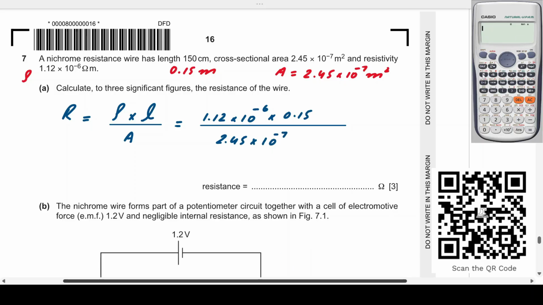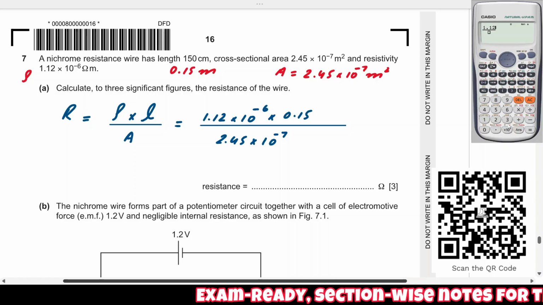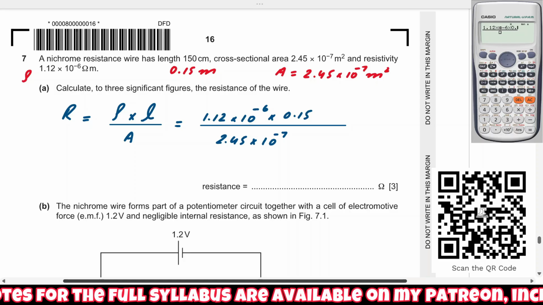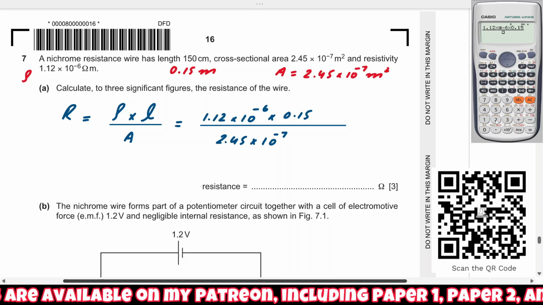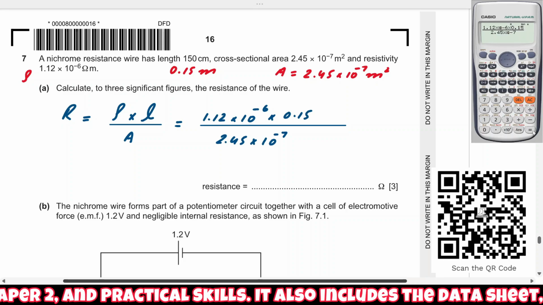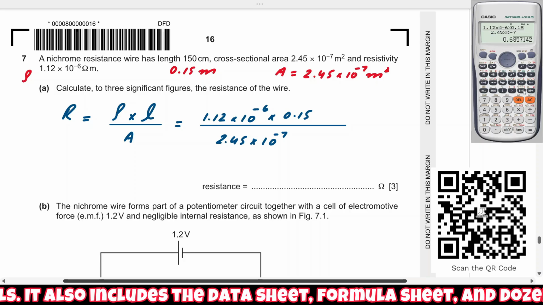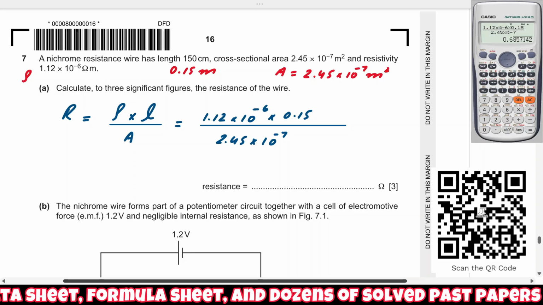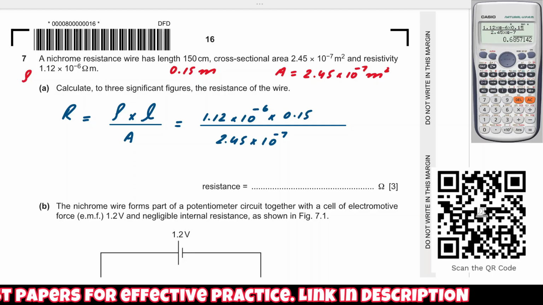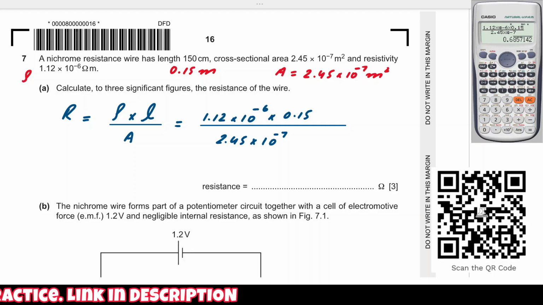Then we hit it on the calculator. 1.12 times 10 to the power minus 6 times 0.15 divided by 2.45 exponent minus 7. So let's see what we get. 0.857, which means 0.86.